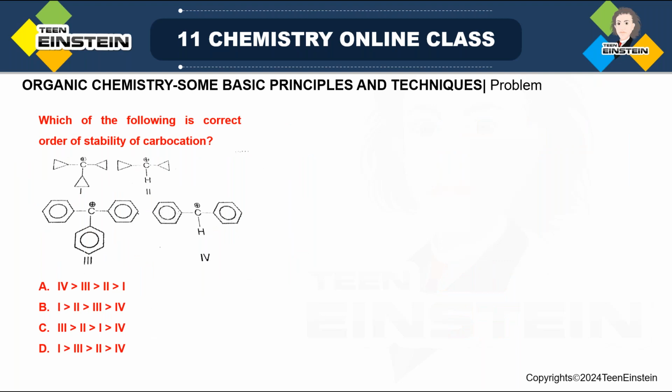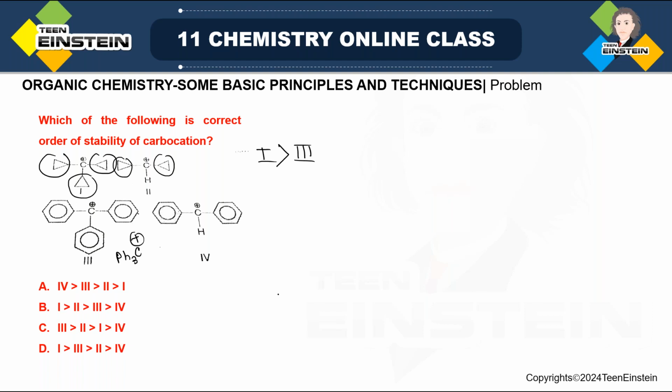Again, similar type of question: which of the following is the correct order of stability of carbocation? Now see, in the first case, we have a total of 3 cyclopropyl, and here we have only 2. Now when there are 3 cyclopropyl, that will be more stable compared to 3 phenyl, because 3 is Ph3C+.